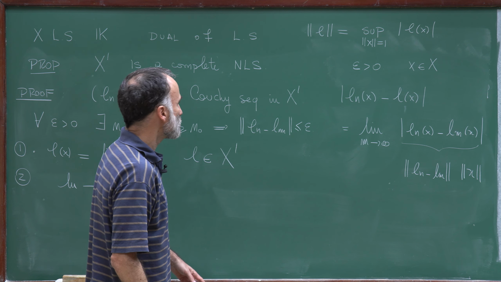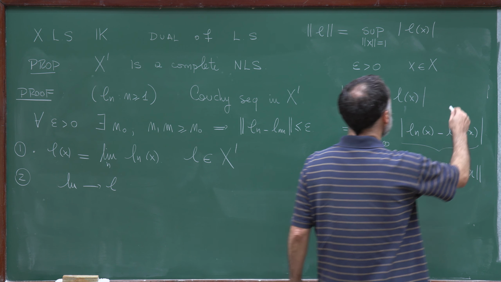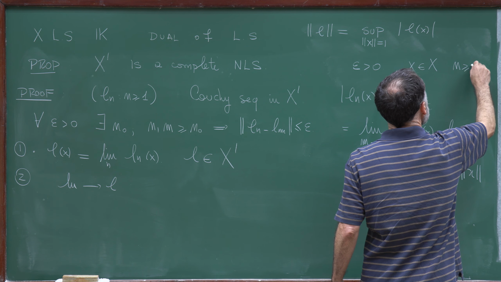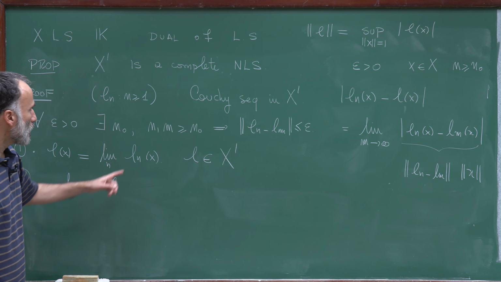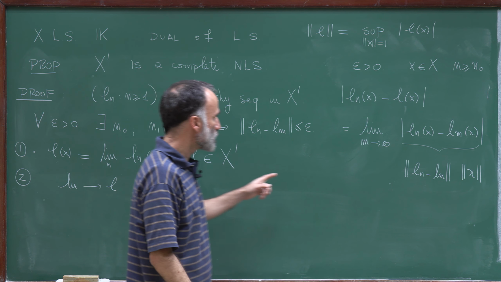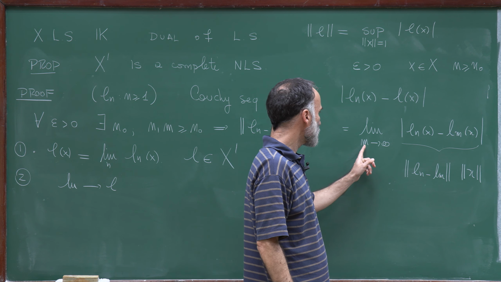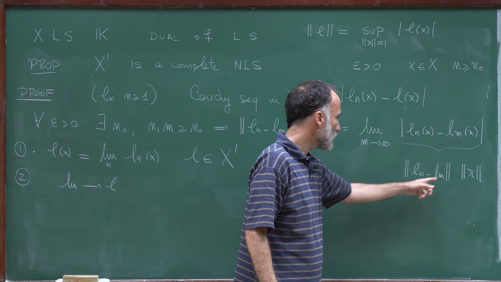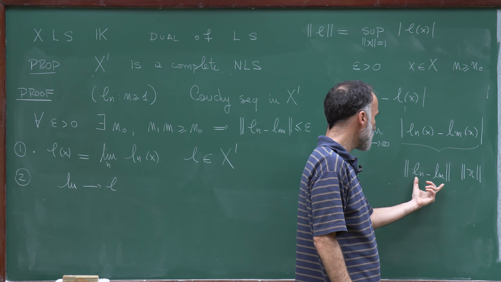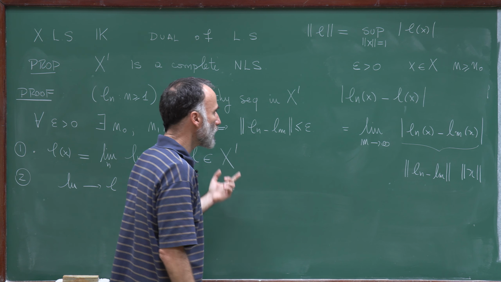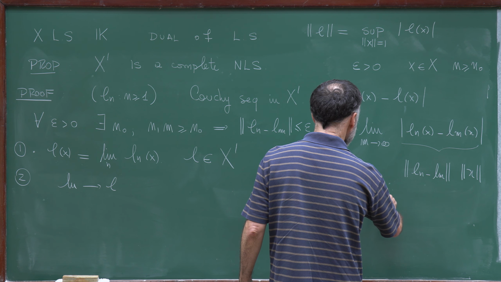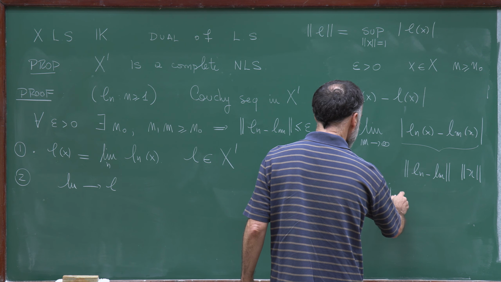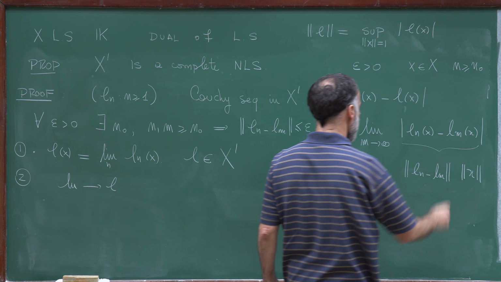But this means that if I choose n larger than n0, well, for all m, so in this limit, starting from n0, all successive terms are such that this norm is bounded by epsilon. So this limit is bounded by epsilon times the norm of x if n is larger than n0.